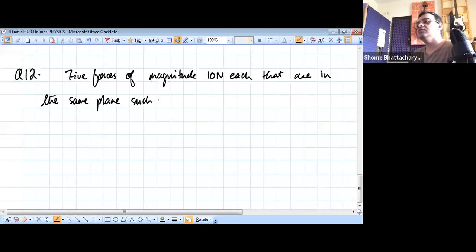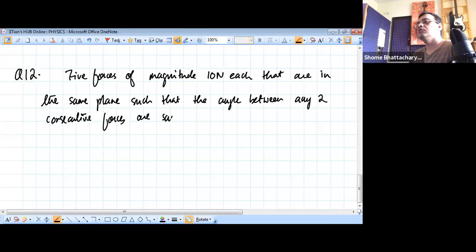Such that the angle between any two consecutive forces are the same. Then you have to find the resultant. What is the resultant of these forces?